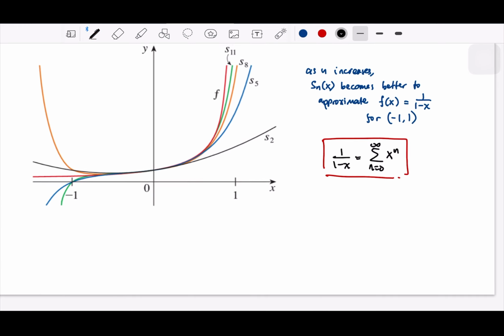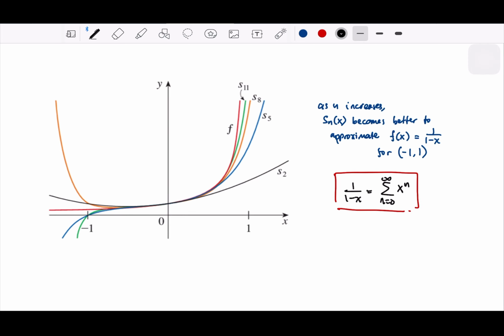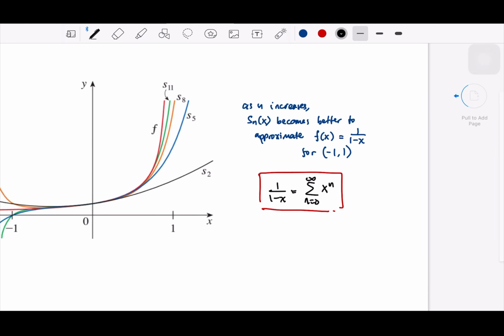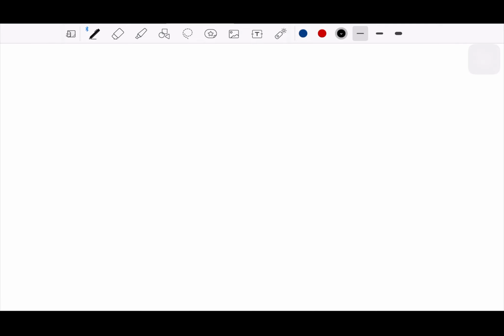So if we have another set of functions, let me just take one example, or maybe two examples. Let's look at 1 over 1 plus x squared. If you want to express this in terms of a series, what are we going to do?